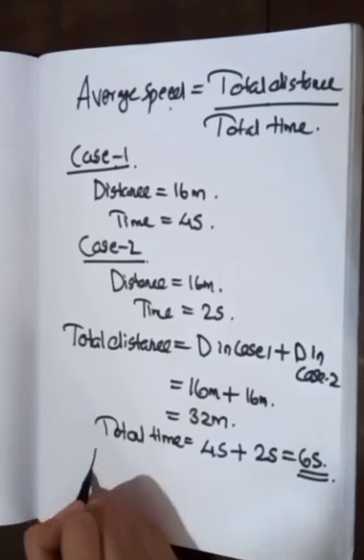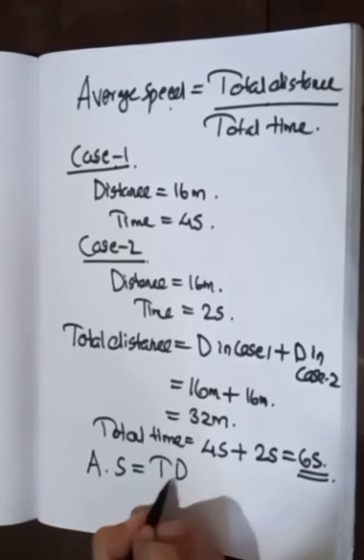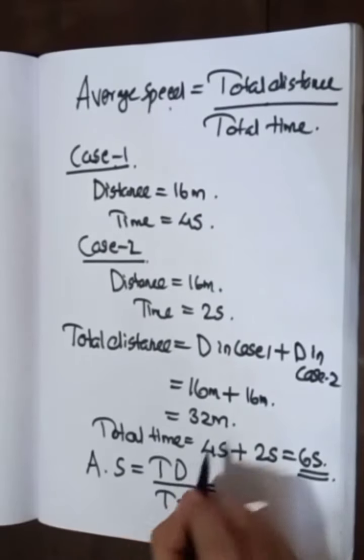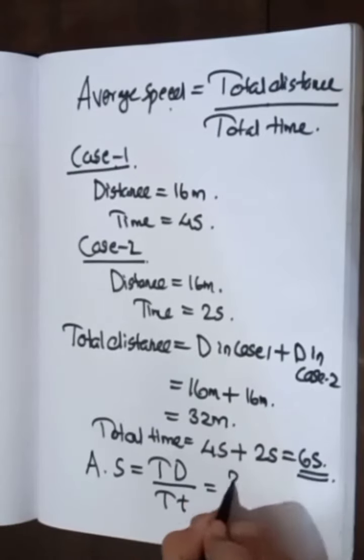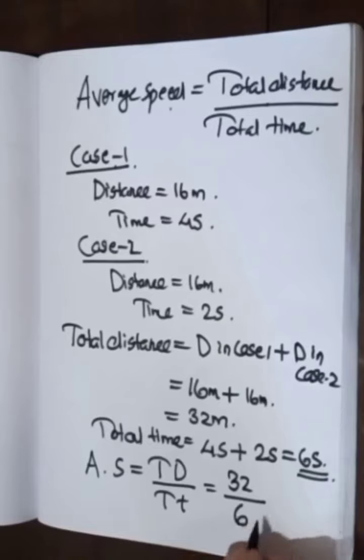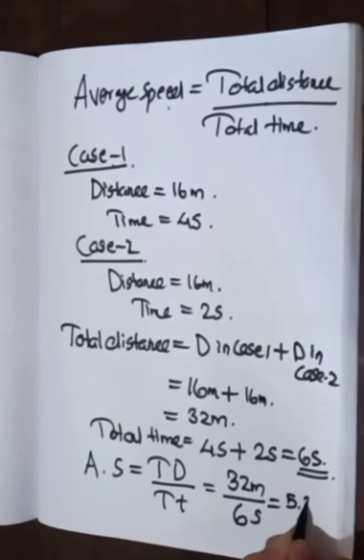Then average speed is equal to total distance by total time, that is 32 meters by 6 seconds. 32 by 6 is approximately equal to 5.3.